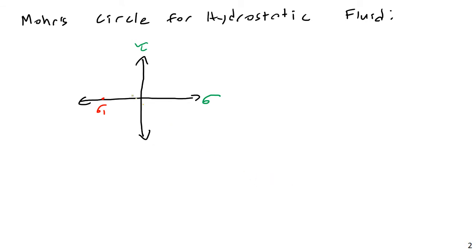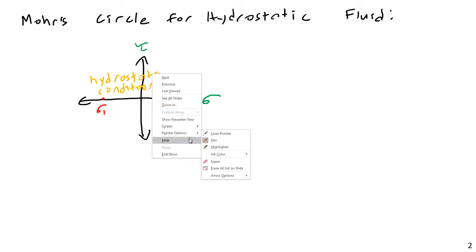So this would be the hydrostatic condition. Again, Mohr's circle collapses down to a single point in the hydrostatic condition.